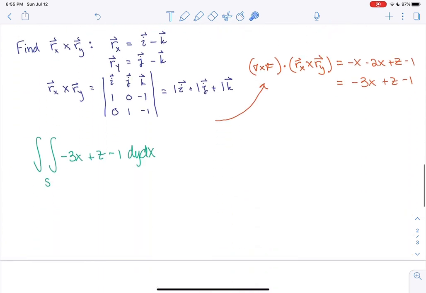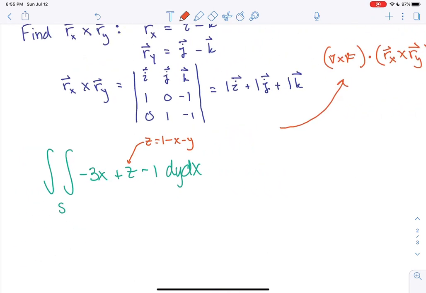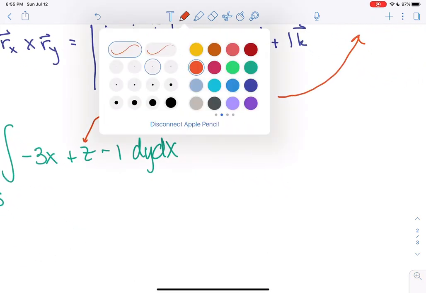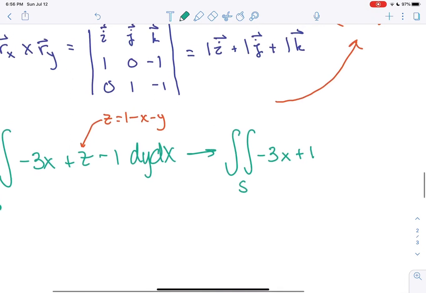So I'll plug in z equals 1 minus x minus y, so that we're using all the correct variables. So that will become the double integral of minus 3x plus 1 minus x minus y minus 1.